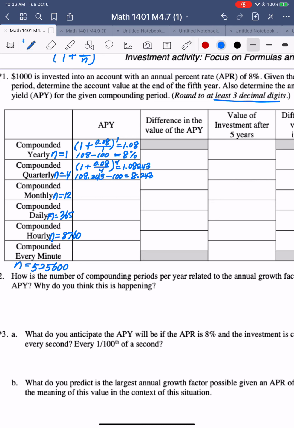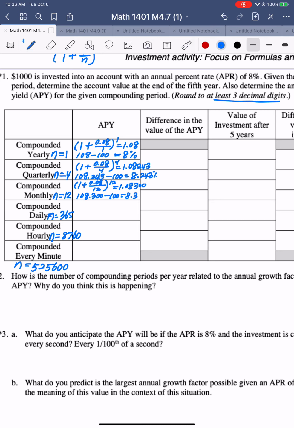Now monthly, I got 1 plus 0.08 over 12, to the 12th power, and it becomes 1.08300. Change to percent, 108.300% minus 100 becomes 8.3%.